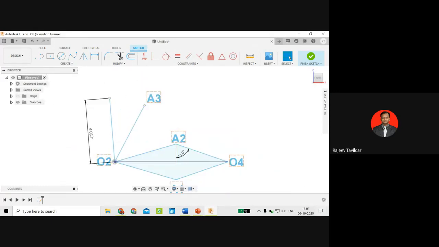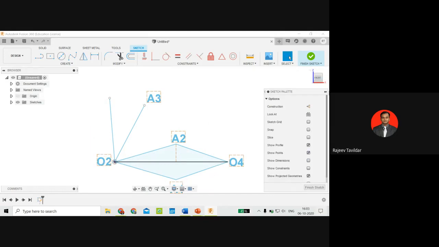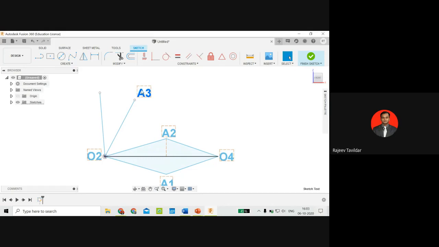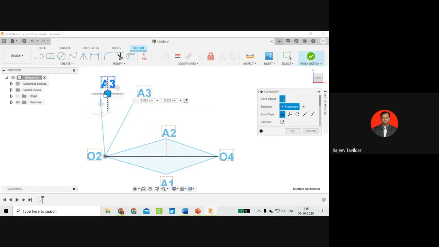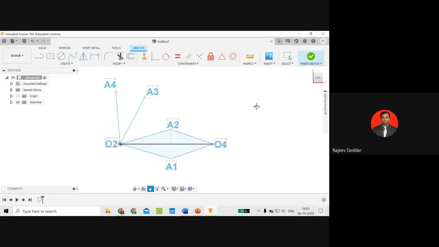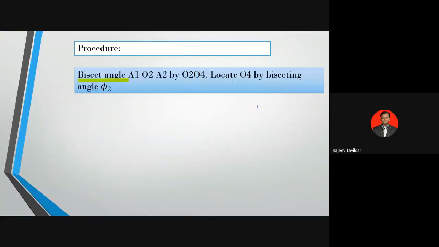Just delete all the dimensions. So I'll hide it temporarily. Okay. Let us mark A4 also here. So done till this step, let us go to the next step and check what it is.